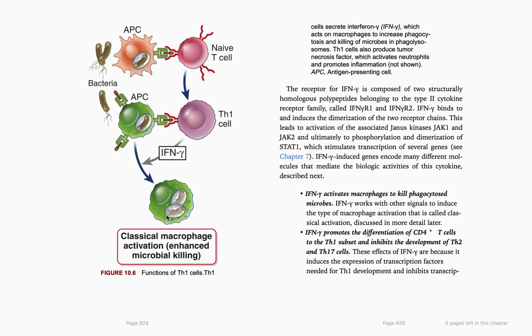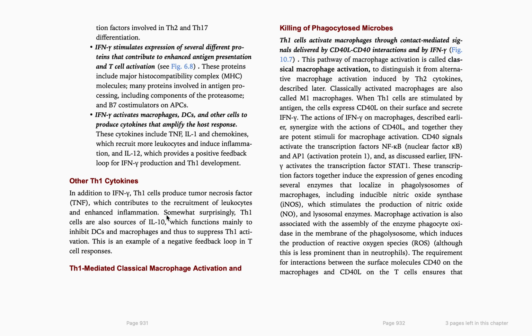These effects of interferon gamma occur because it induces the expression of transcription factors needed for T helper 1 development and inhibits transcription factors involved in T helper 2 and T helper 17 differentiation. Interferon gamma stimulates expression of several different proteins that contribute to enhanced antigen presentation and T cell activation.